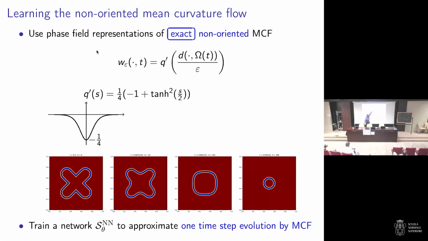And so if you compute Q prime of the distance function to your exact mean curvature evolution divided by epsilon, then you have indeed a smooth approximation of only your diffuse interface. Okay? And you train another neural network to learn that.